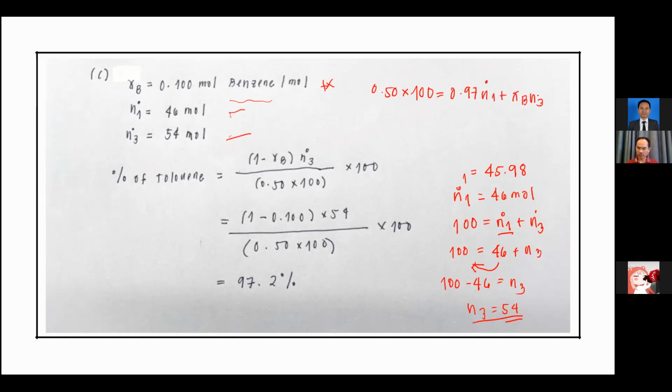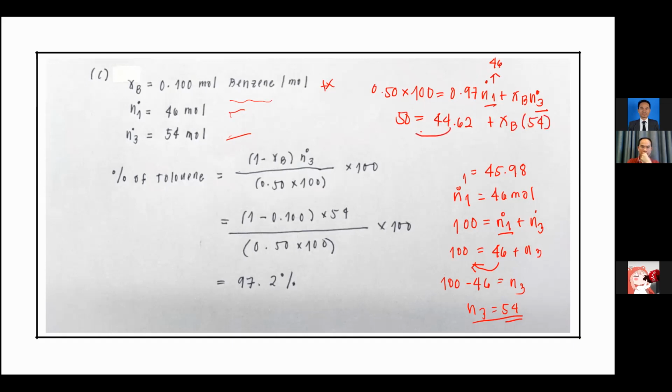So we know the values of N3 and N1. Since we have N1 as 46, the value will be 44.62 plus XB times 54.